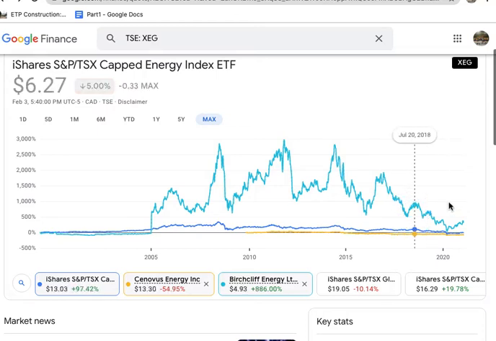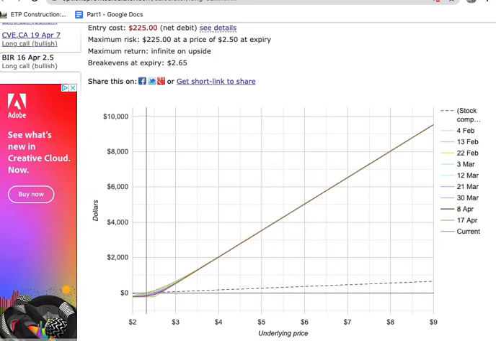The outlook was very bleak despite Birchcliff retaining its share price throughout this time. And now that it's returning back to the conditions that allowed it to reach the $6, $7 share price, it's not unreasonable to expect at least a $4 to $5 share price before the strike price. Now, with a $225 investment, that results in well over a $2,000 return on that and a tenfold increase in the value of your investment.